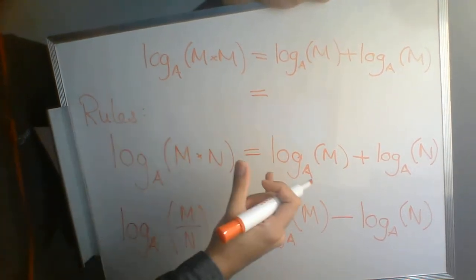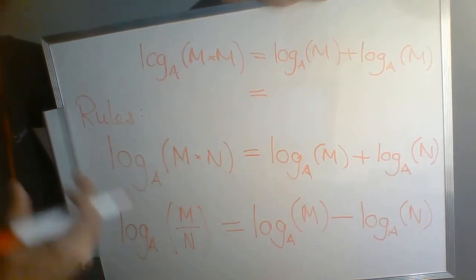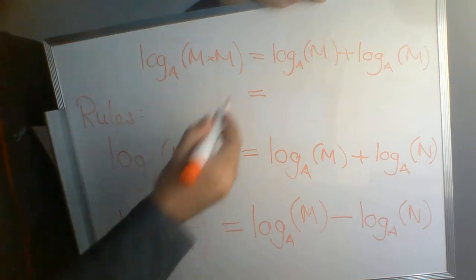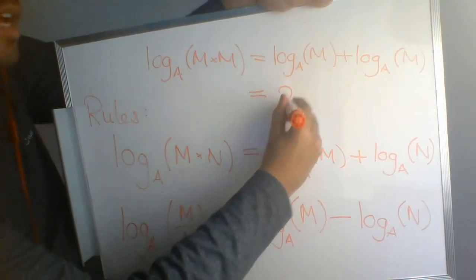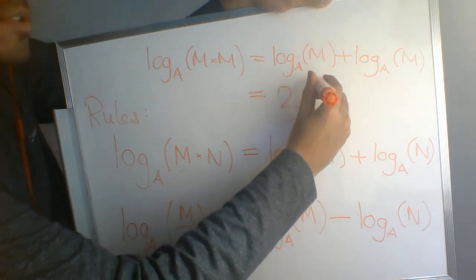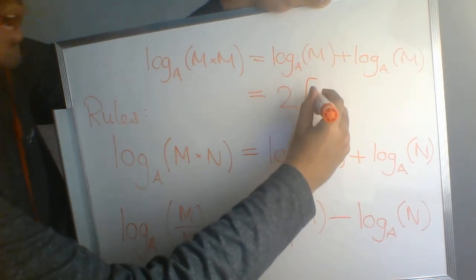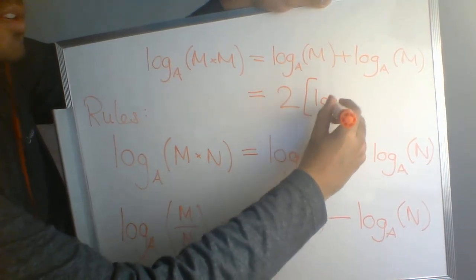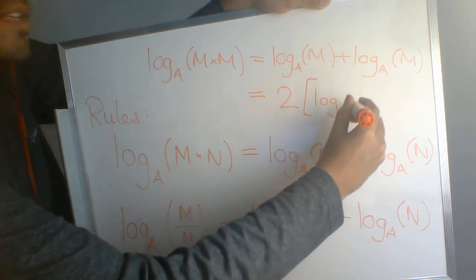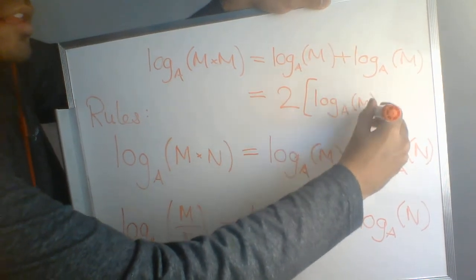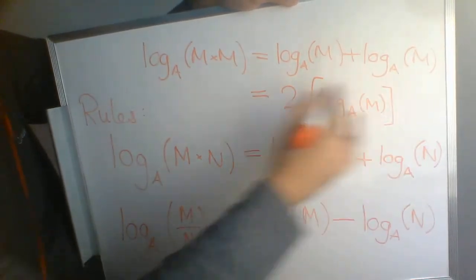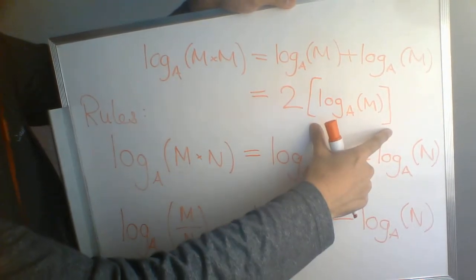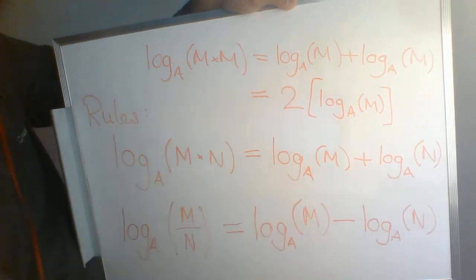If you've got 4 and 4 added together, that's the same as 4 times 2. Repeated addition is multiplication. So I could rewrite this as 2 times, I'll put the big brackets here just so that you can see everything's together, log base a of m. And so 2 times this whole thing is all being multiplied together.